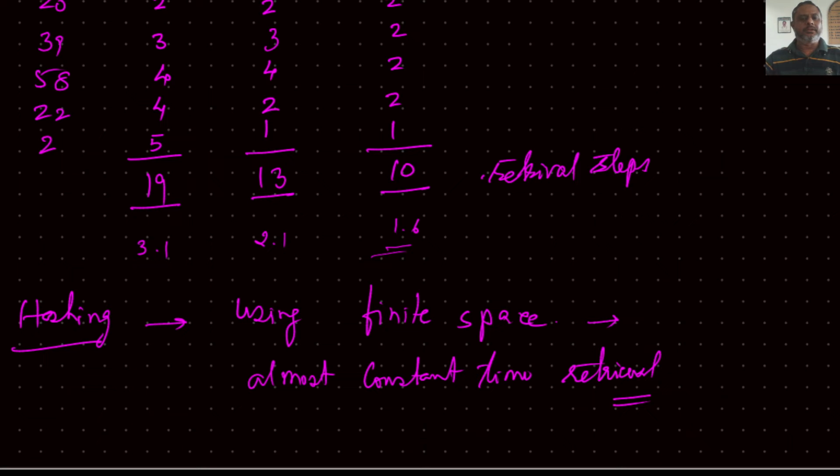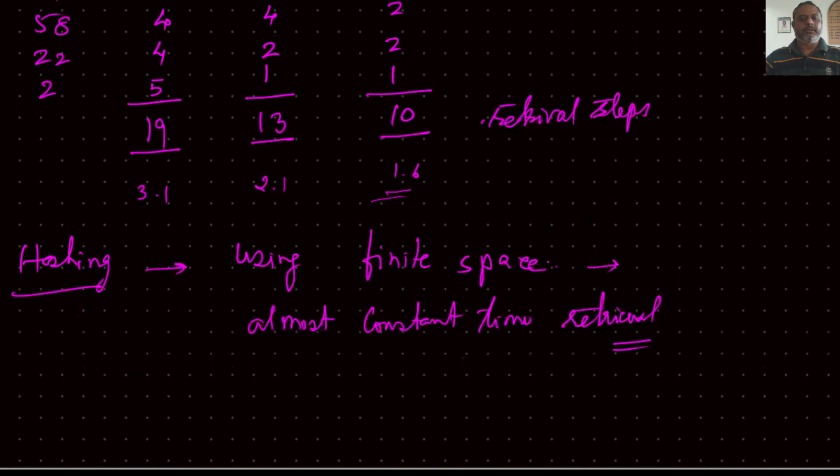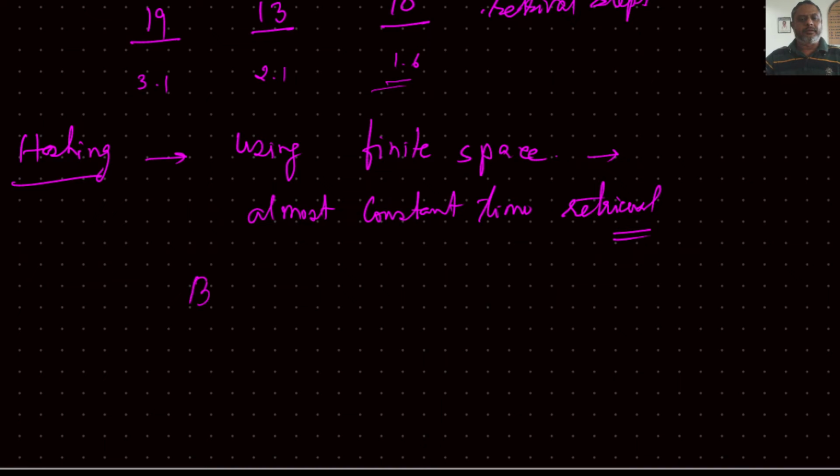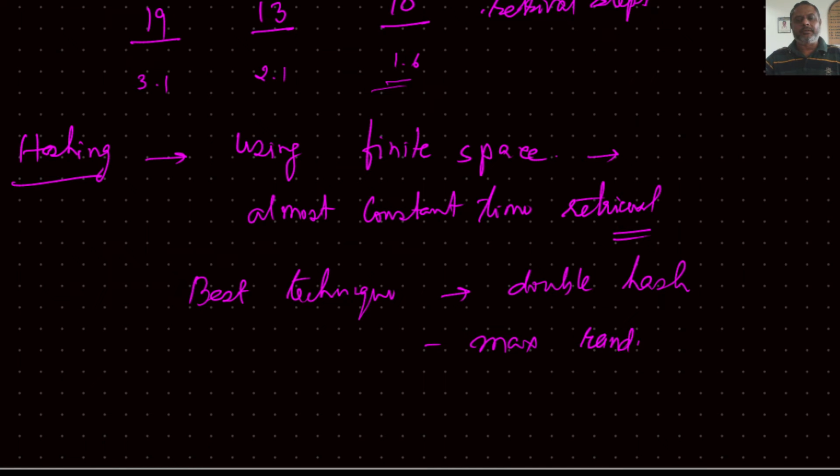Constant time retrieval can be achieved through hashing, and the best technique of hashing would be double hash, because maximum randomness is achieved through this.